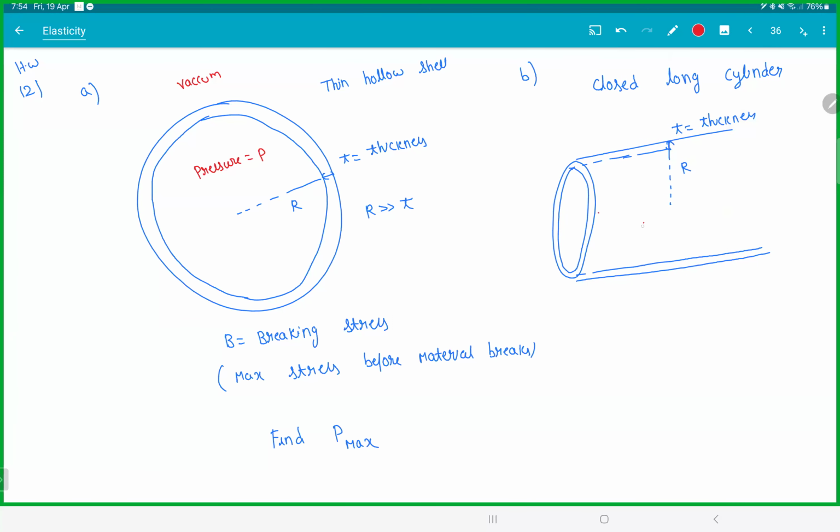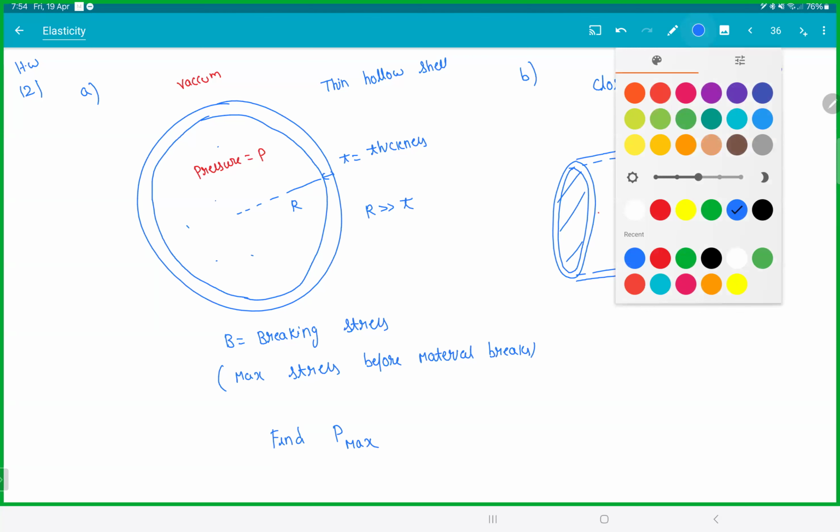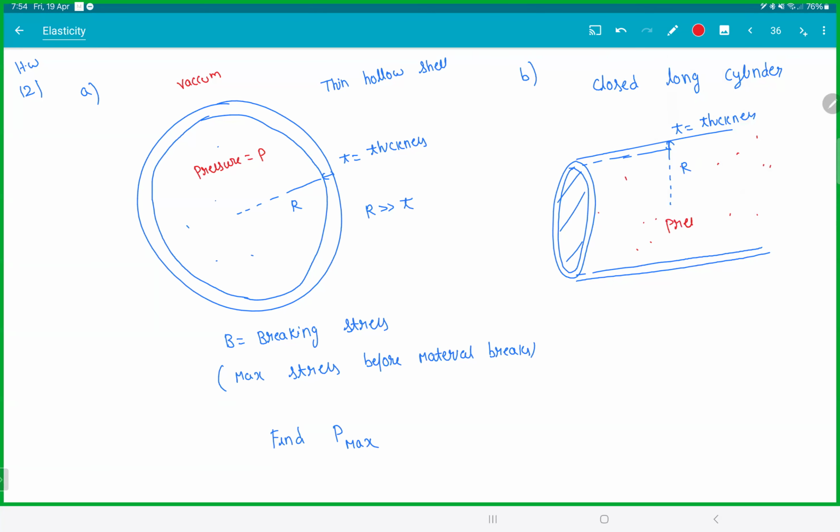Inside you filled it with a gas. Here also pressure is P. Find P max, till the shell cracks, so that it does not break.